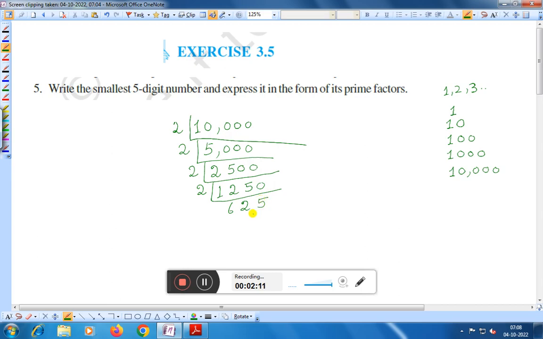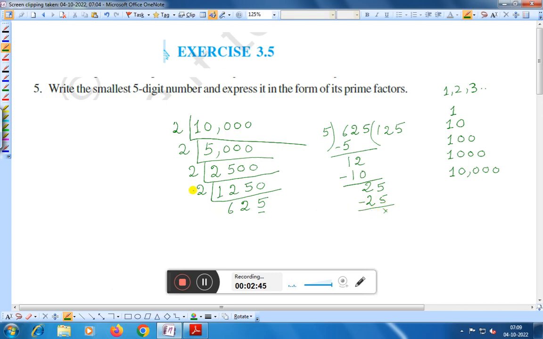625. Here you see the last digit is 5. Therefore, it will be divisible by 5 only. Right? It is 625. We are dividing 625 by 5. 5 ones are 5, 6 minus 5 is 1, 2, 5 twos are 10, 2, 5 down, and 5 fives are 25.